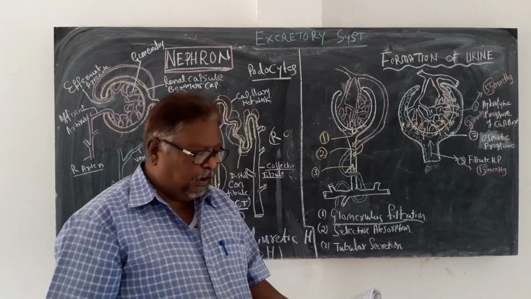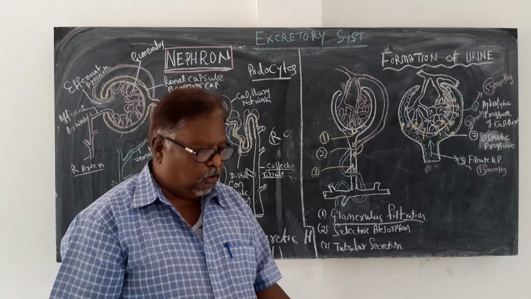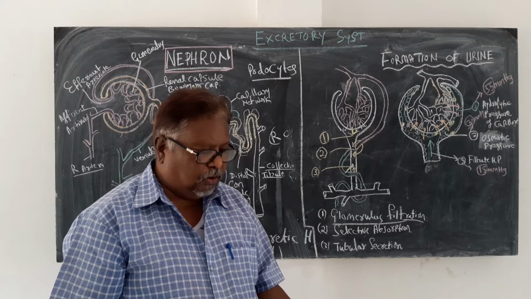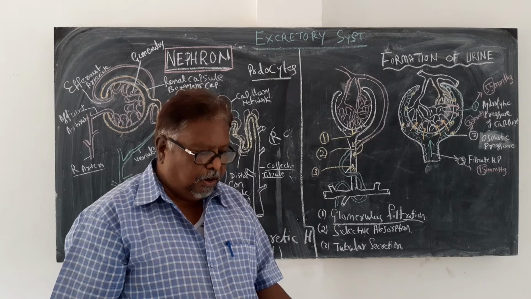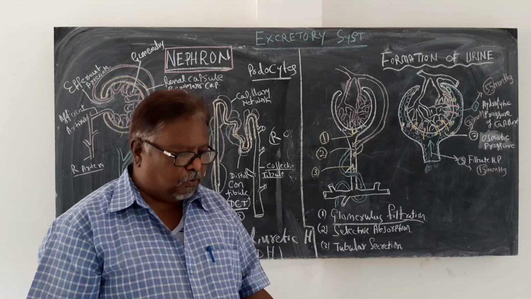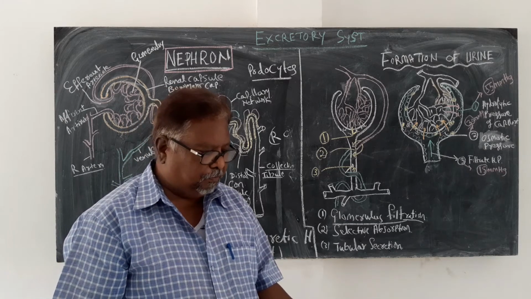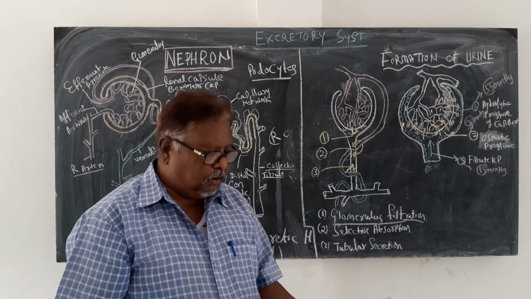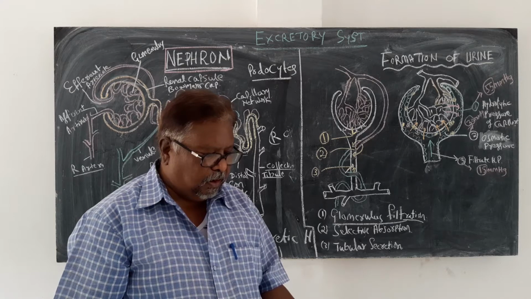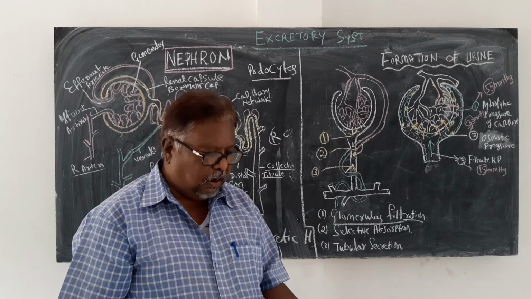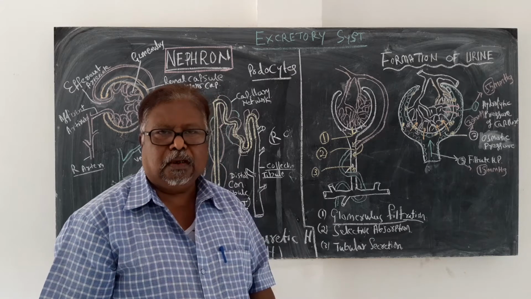I will repeat once again. It is the process of filtration of blood from the glomerulus, through the semi-permeable wall of the glomerulus into the lumen of Bowman's capsule due to the difference in pressure. Now the third point: filtration takes place because there is a difference between the blood pressure in the glomerulus and the pressure of filtrate present in Bowman's capsule.